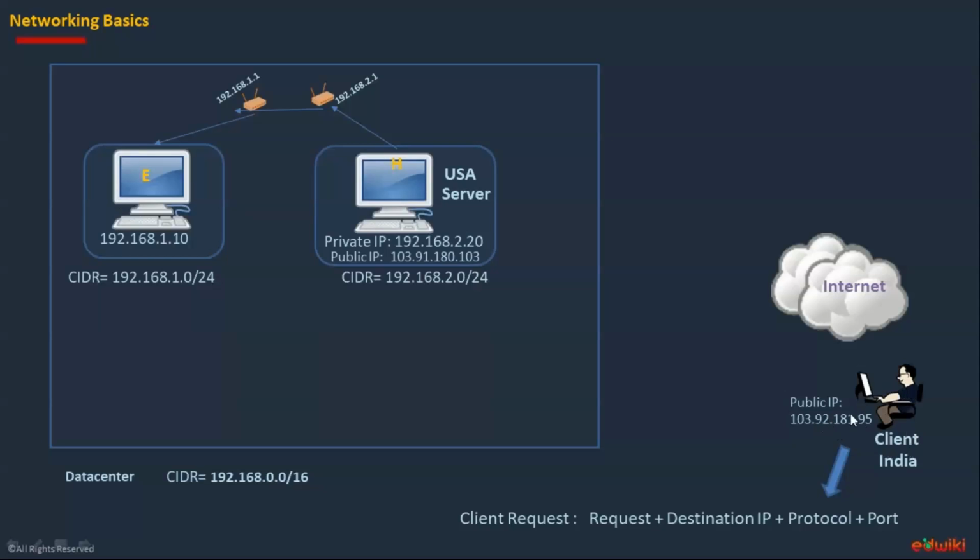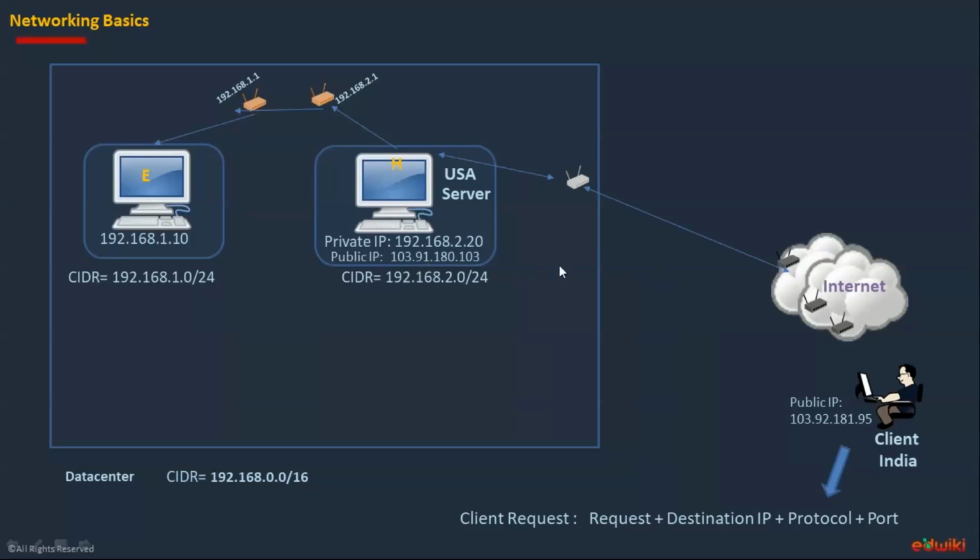Here, the client laptop also should have a public IP. Then only the client request can be initiated. The request goes via the internet using multiple gateways. Somehow the request will reach the gateway inside the data center. That gateway will send the traffic to that H machine by identifying this public IP. That's how the request will land here.